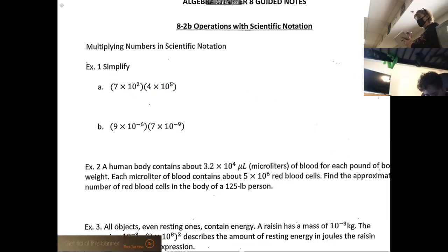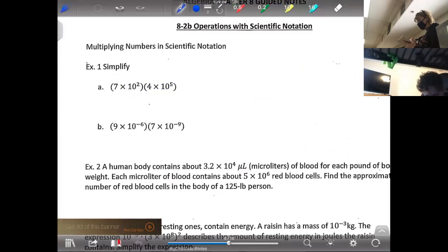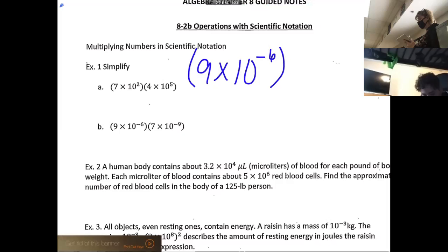All right, so we have, I'll write it bigger, 9 times 10 to the negative 6 times 7 times 10 to the negative 9. How do I want to rearrange this, Alec?